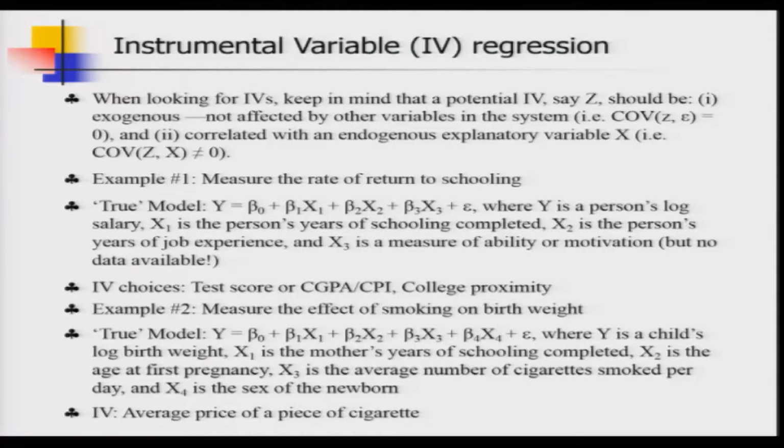Suppose there is a true model where we are using 4 explanatory variables to explain the variation in y, which is a child's log birth weight, and my explanatory variables are x1, which is mother's years of schooling completed, x2, which is the age at first pregnancy, x3, which is the average number of cigarettes smoked per day, and x4, which is the sex of the newborn.